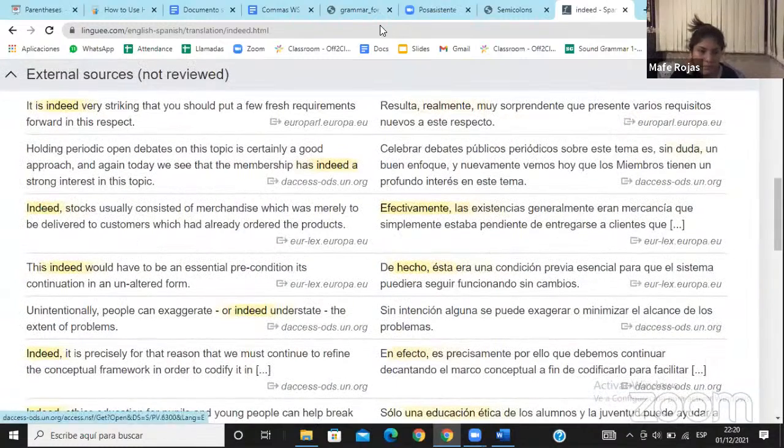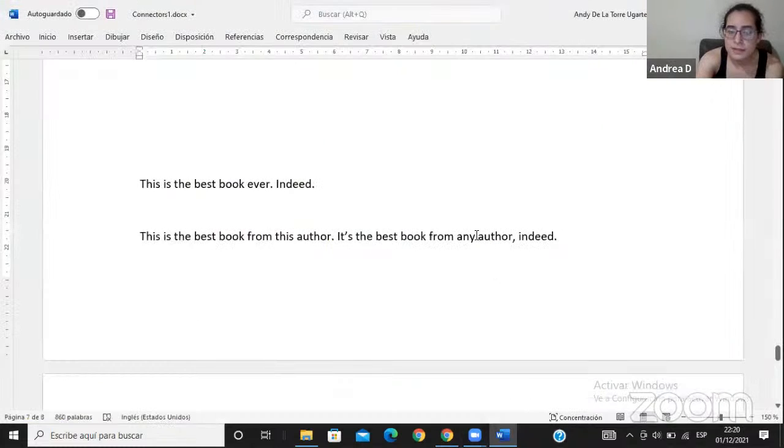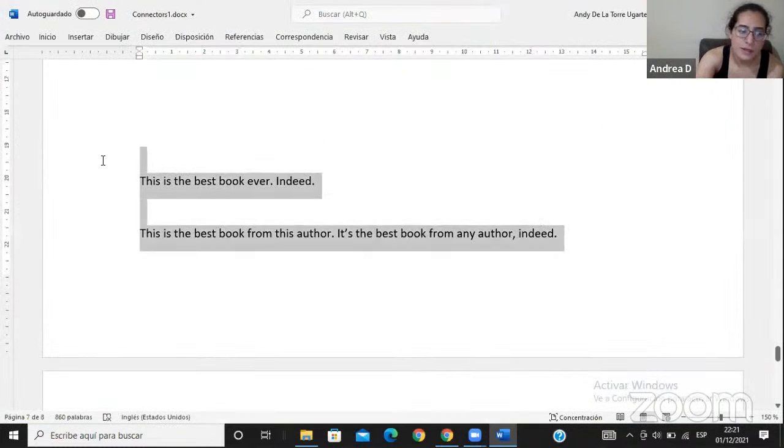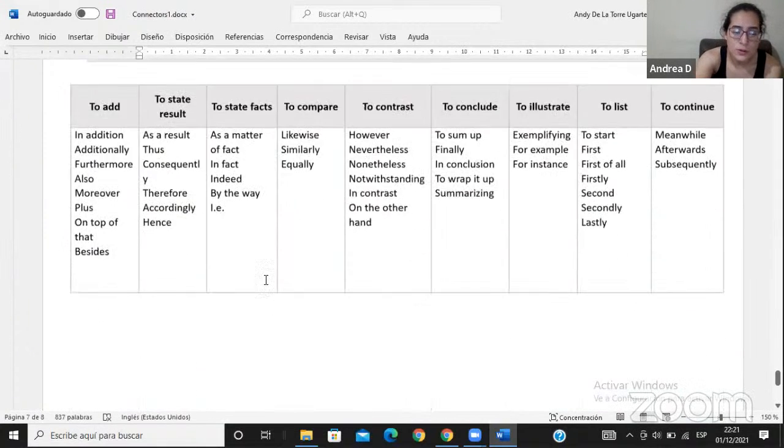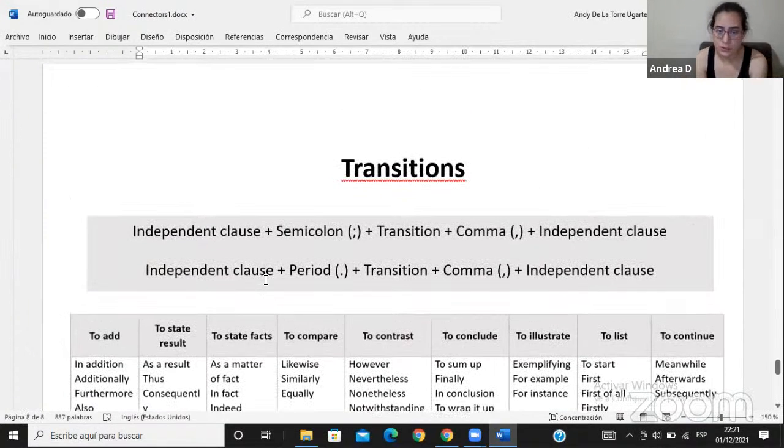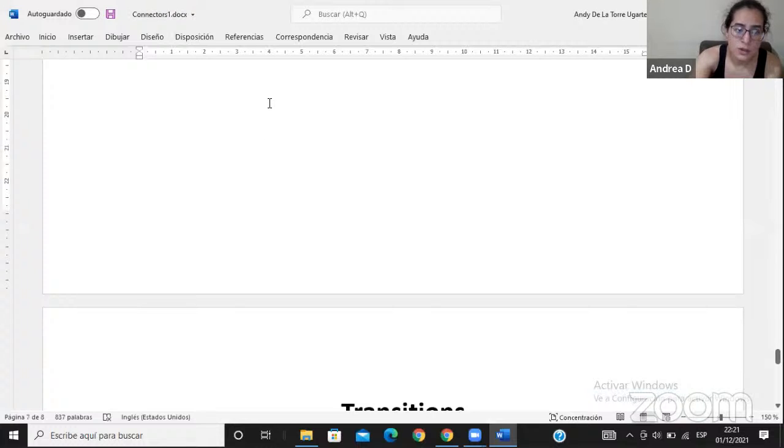Okay. Now, that's for the meaning. Now the grammar. The good thing about this is that there are no exceptions at all. So it's simple to use transitions in terms of grammar and punctuation. So you've got two options when you have transitions.